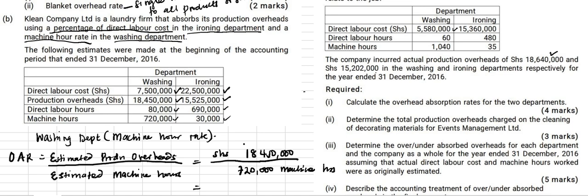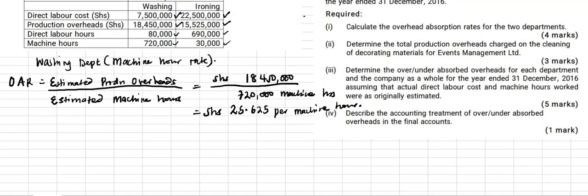So that is the overhead absorption rate to be used to allocate the overheads to the different jobs in the washing department. But then they also want you to compute that of the ironing department.